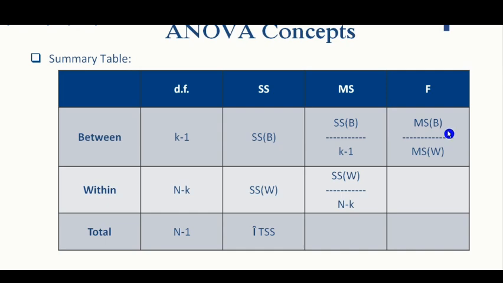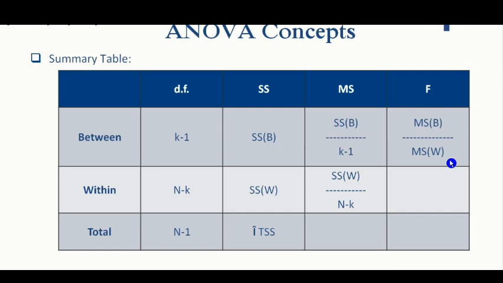You find the ratio of MSB divided by MSW. This quantity divided by this quantity gives you the value of F, which is our test statistic, which will be compared with the critical value of the F distribution.